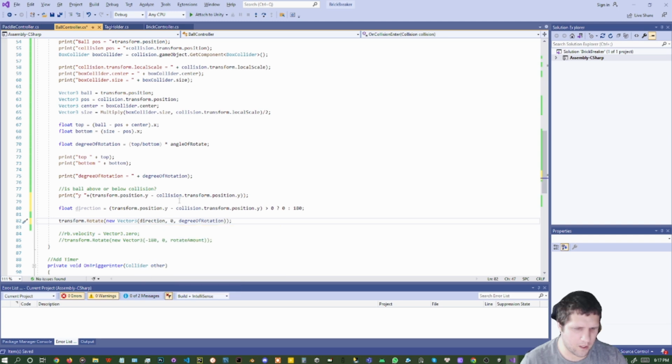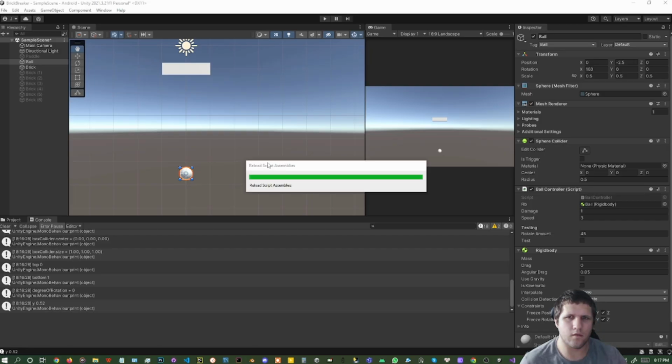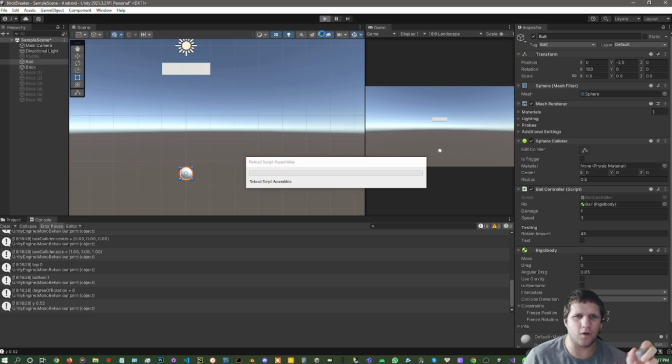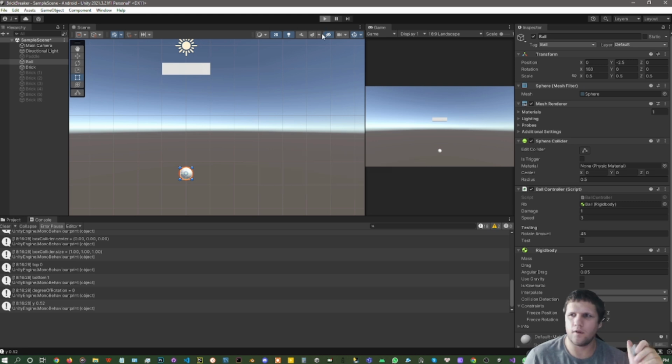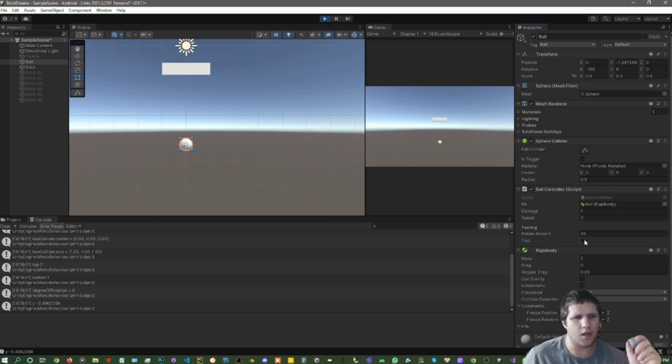And the x will take the direction. Okay. So now it should also flip its direction as well. Let's play it. Set the direction to up. Click test and perfect.